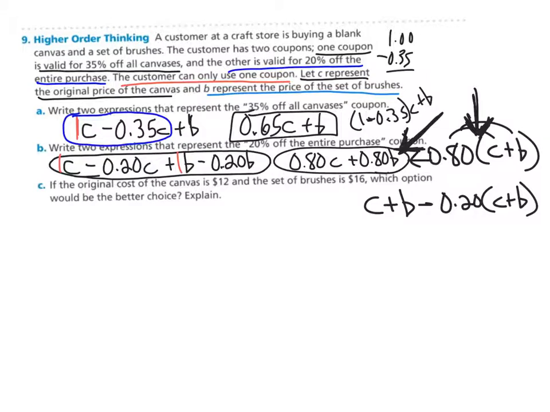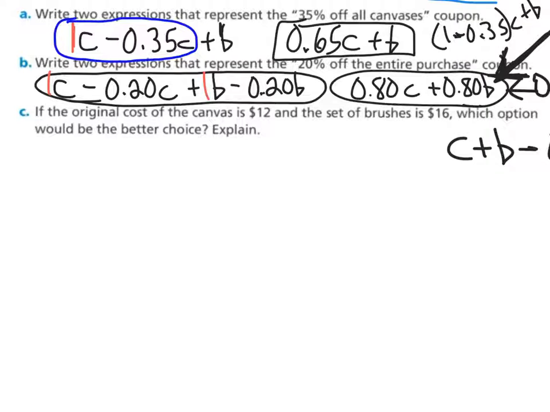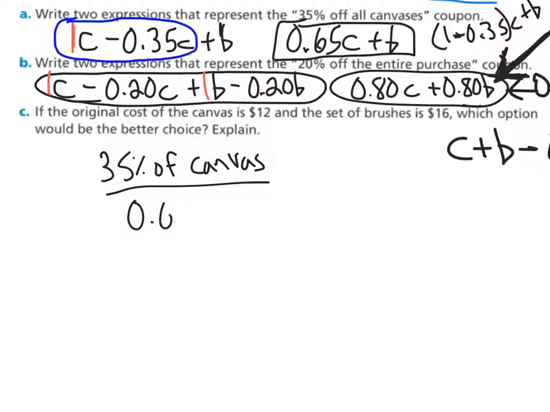So if we look at part C, now they're going to actually give us some costs here. If the original cost of the canvas is $12 and the set of brushes is $16, which option would be the better choice? So if we got 35% off the canvas, if we go back up to what we had, this was our simplified expression.